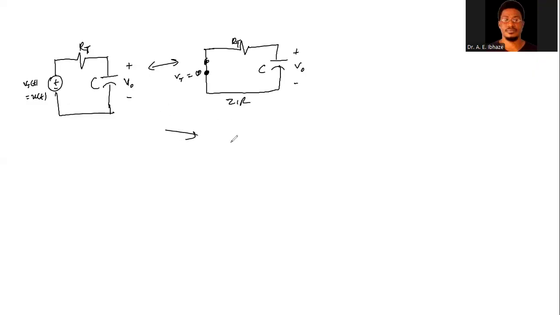When we now have to consider the zero state response, we have the forcing function, plus minus, and then the initial condition will be reduced to 0. Then we have the equivalent resistance and our voltage source. So this is for zero state response.